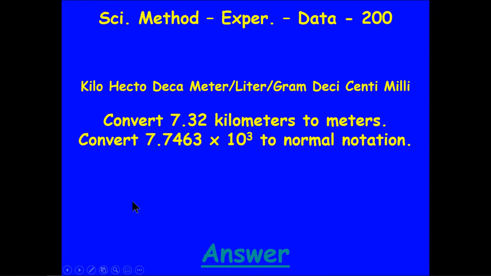All right, convert 7.32 kilometers to meters and convert 7.7463 times 10 to the third into normal notation. I'll give you about 30 seconds for this one.